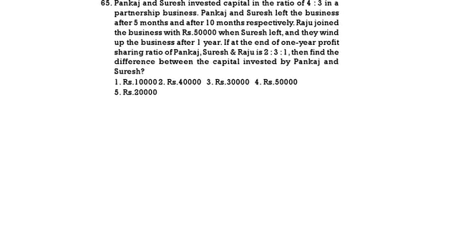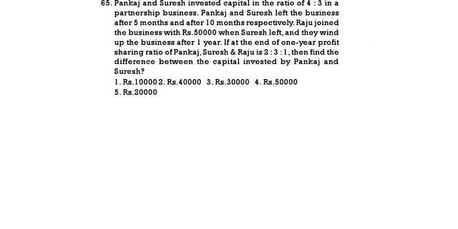Pankaj and Suresh invested a capital in the ratio of 4:3 and Pankaj and Suresh left the business after 5 months and 10 months respectively. Raju joined the business with 50,000 when Suresh left and they wind up the business after 1 year. If at the end of 1 year the profit sharing ratio of Pankaj, Suresh and Raju is 2:3:1, find the difference between capital invested by Pankaj and Suresh.